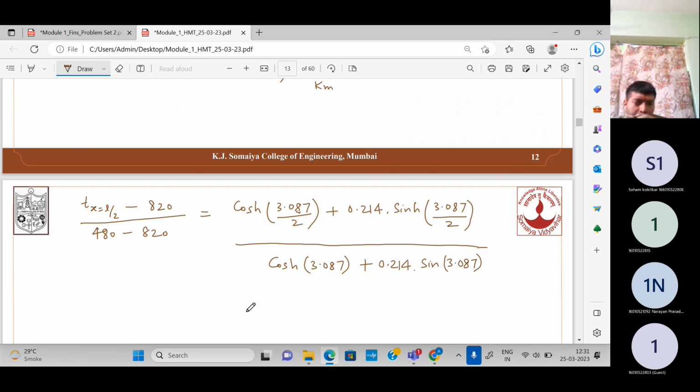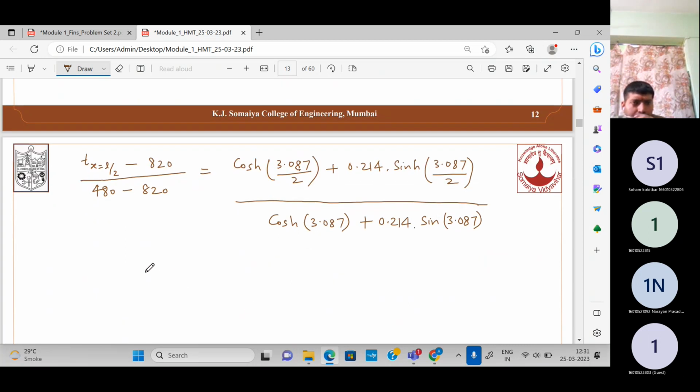Okay, now we have put all the values. So here you can see, we will get one equation in terms of this T, one equation and one unknown, that is T at x is equal to L by 2. So just solve it.